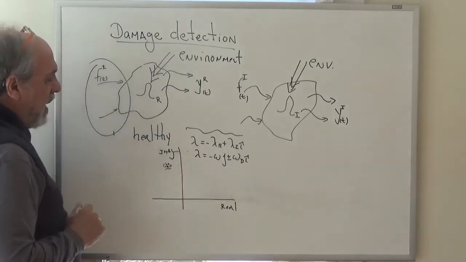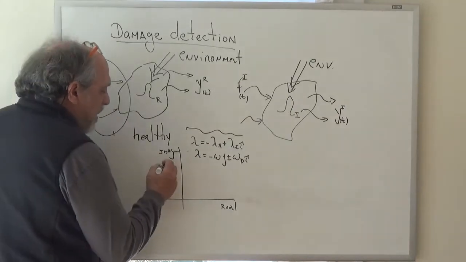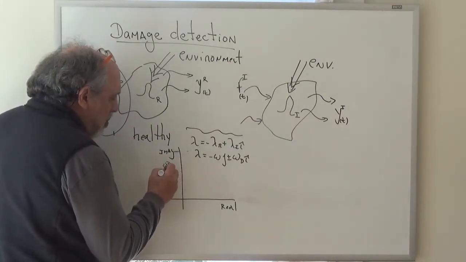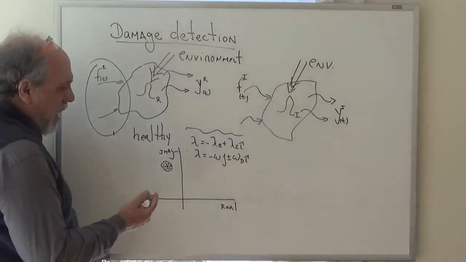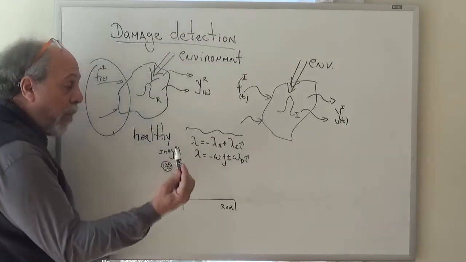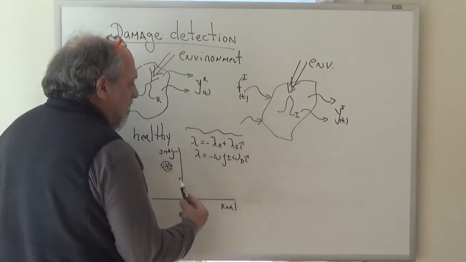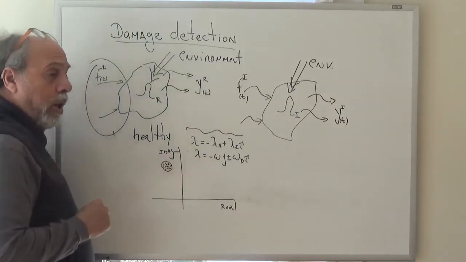What you find is that this thing that you call the frequency is something that you really can't calculate exactly. It's actually some sort of a ball, right? Now my scale may not be correct there, but the point is it is not a point. If it were a point, it would be very simple to know if the point has shifted. But it's not a point, it's a little ball, right?